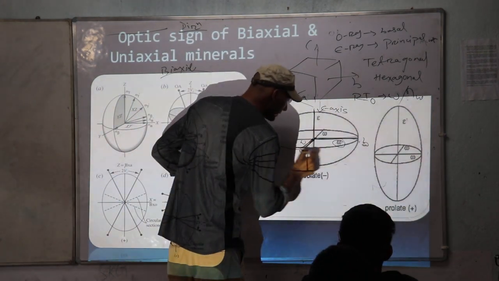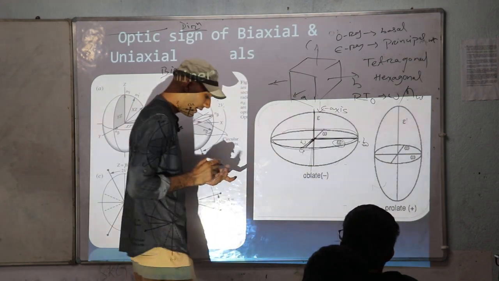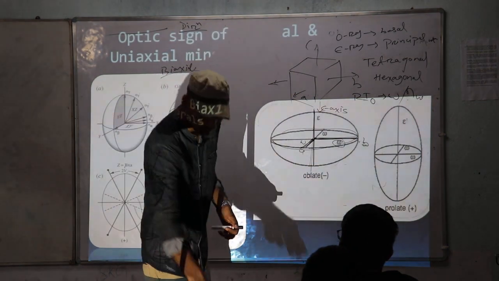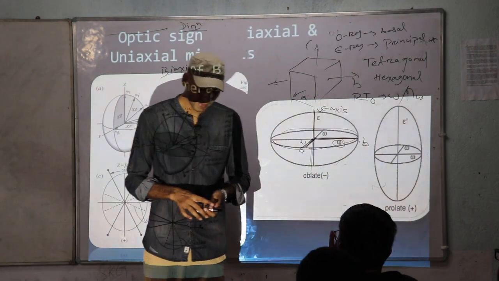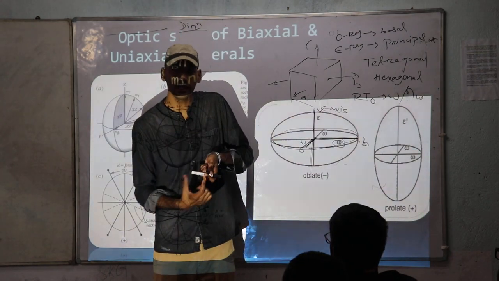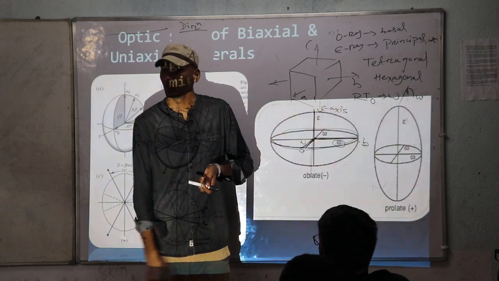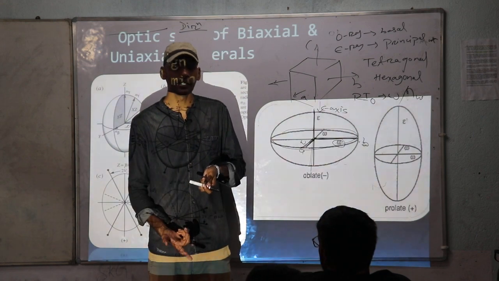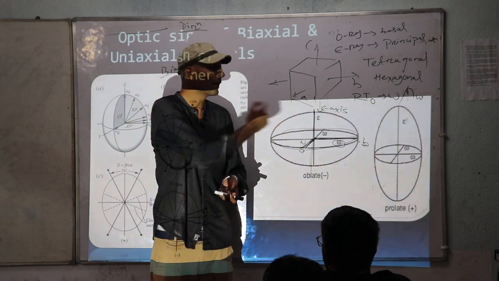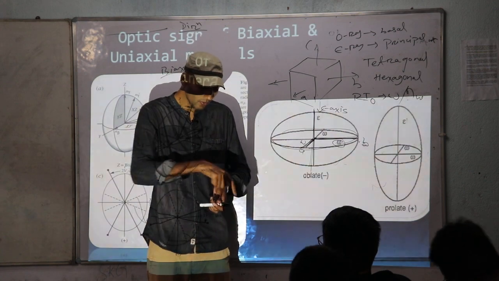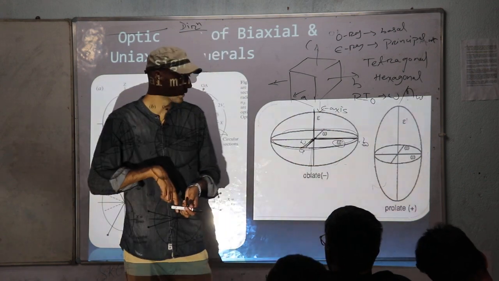So what will be this section? If I am connecting these two, both of them having omega have equal radius. What is the radius? Radius is the refractive index. So this will give you a circular section.